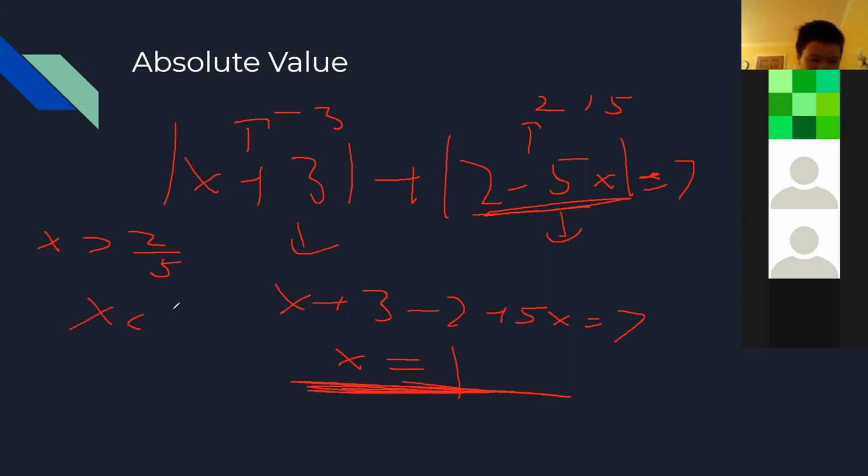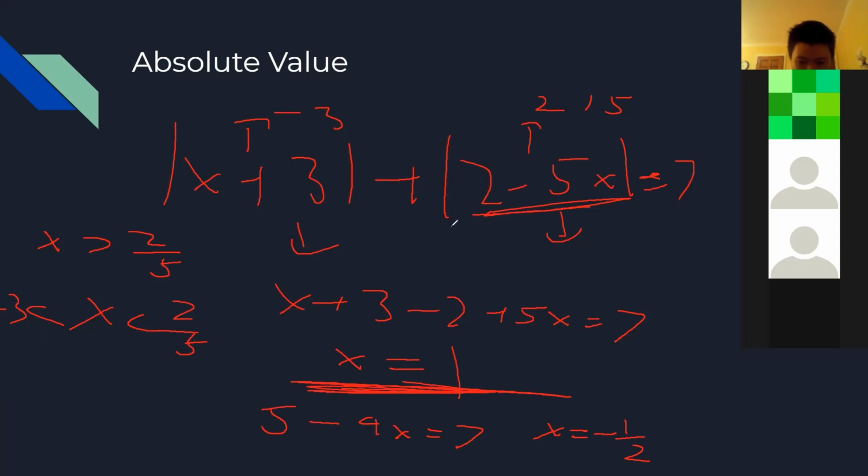What about x less than 2/5, more than -3? Well, now that it's less than 2/5, this is positive. So 5 minus 4x equals 7. x equals -1/2.